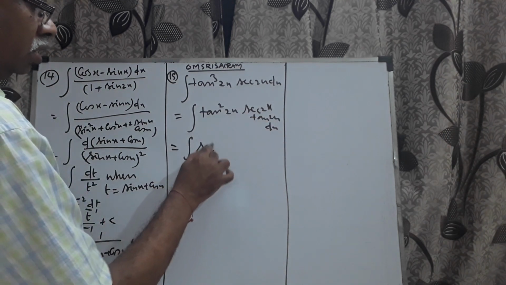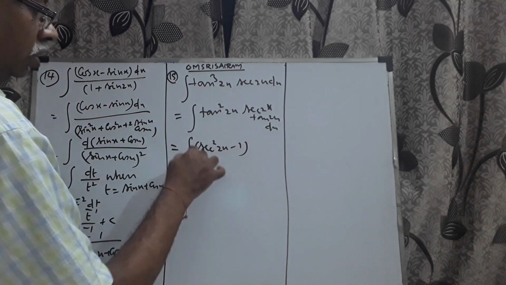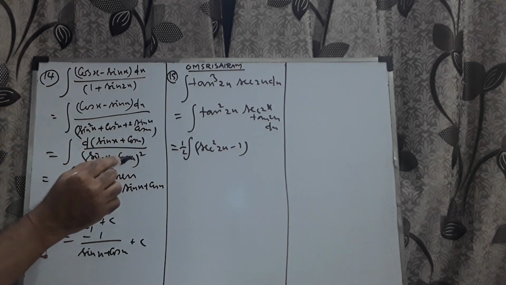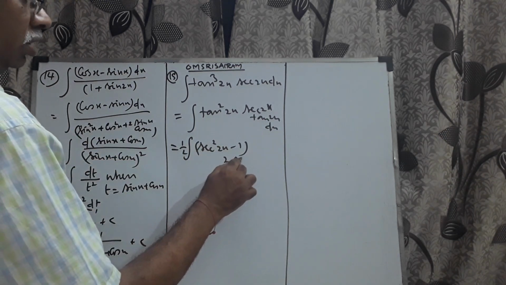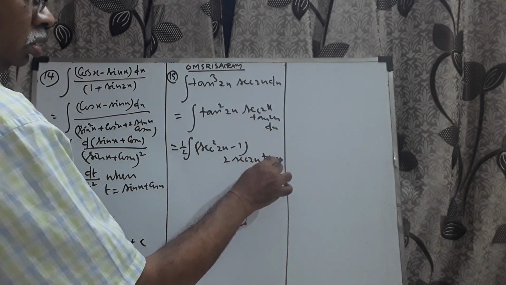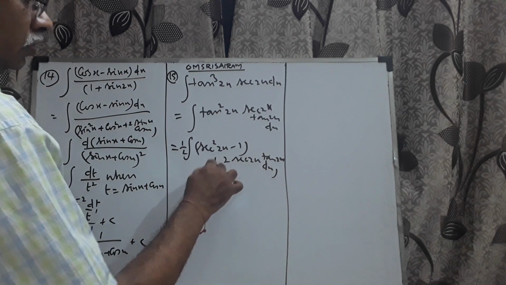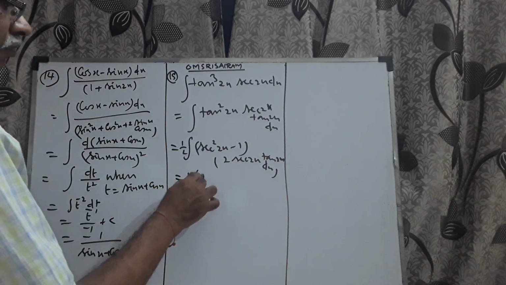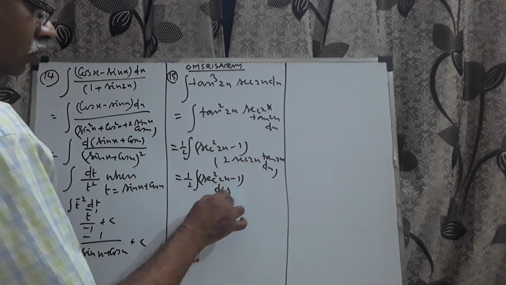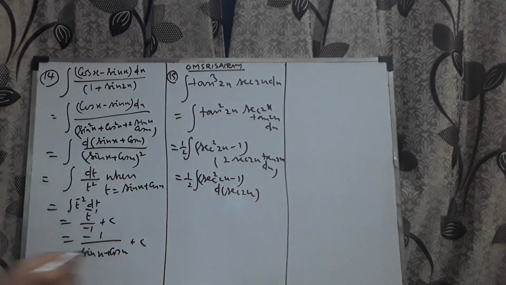This can be written as (secant square 2x minus 1), and I observe the derivative of secant 2x is 2 secant 2x tan 2x dx. Therefore multiply and divide by 2 here. This can be written as half integral of (secant square 2x minus 1) into d of secant 2x.